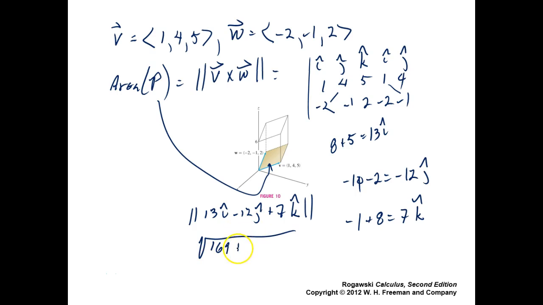Plus 144 plus 49. So let's see what that adds to. That's 208, and 144 would be 352. Huh? 362? Okay. I'll trust you on it. Square root of that would be what?